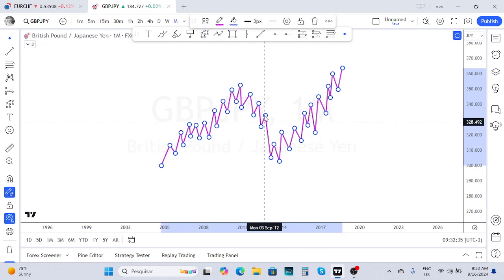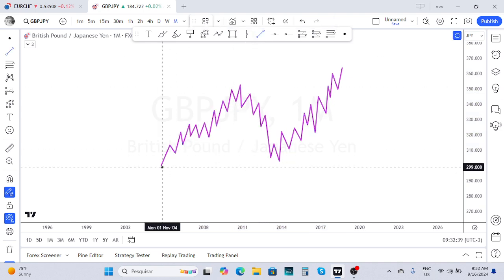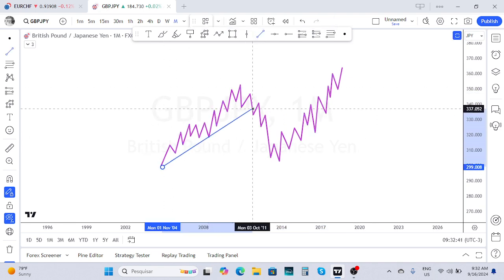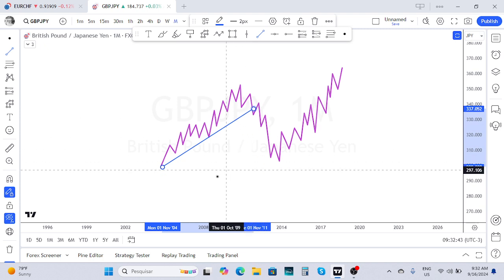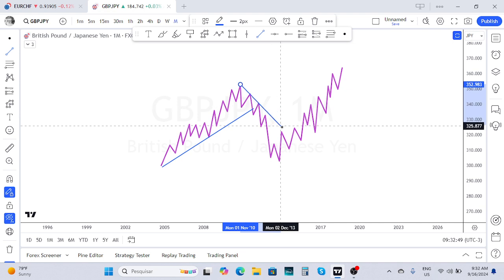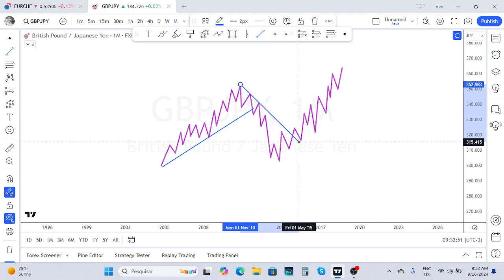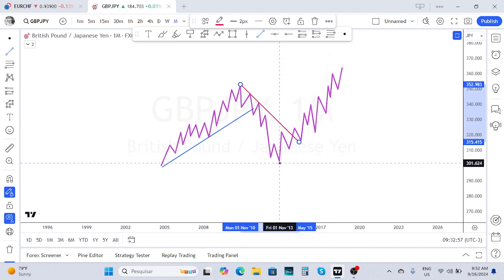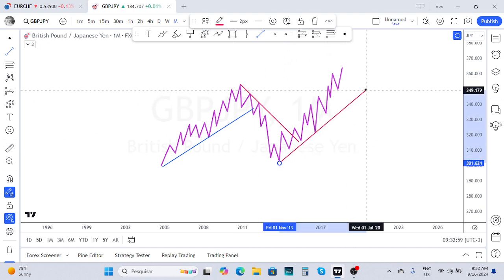So right now we have the short-term trend, and the short-term trend back in time has its own trend line. This blue trend line was confirming that uptrend, and later we have a downtrend line too, and this downtrend line was confirming this downtrend, and again we have another uptrend line.